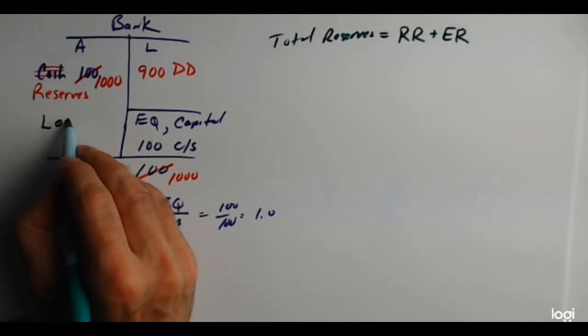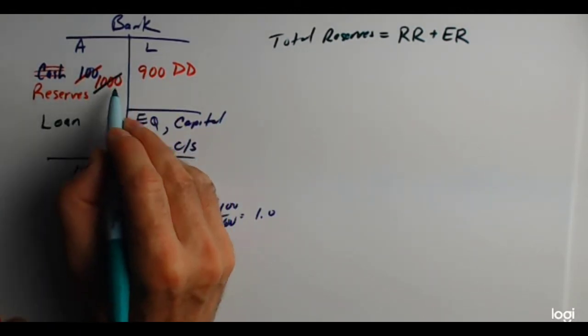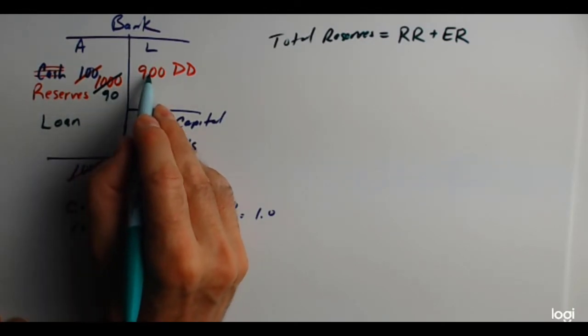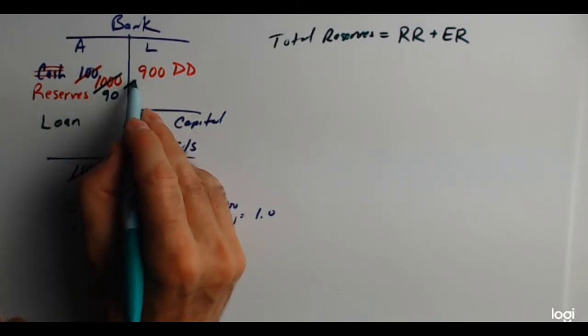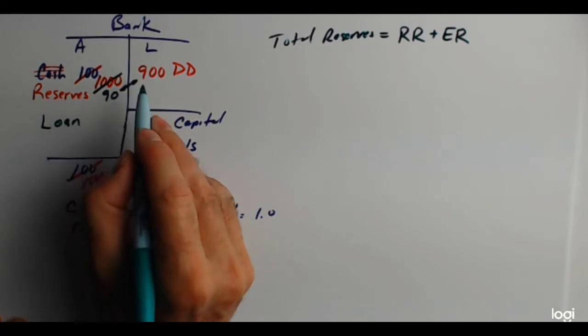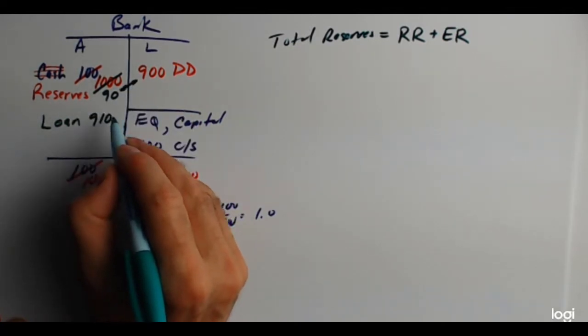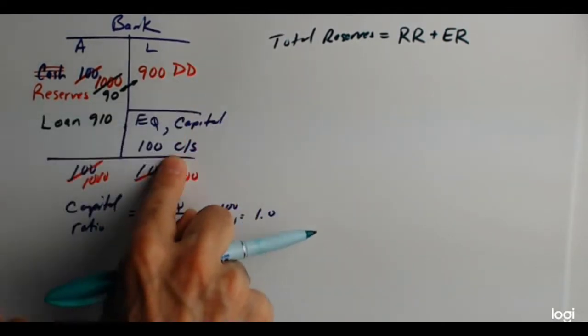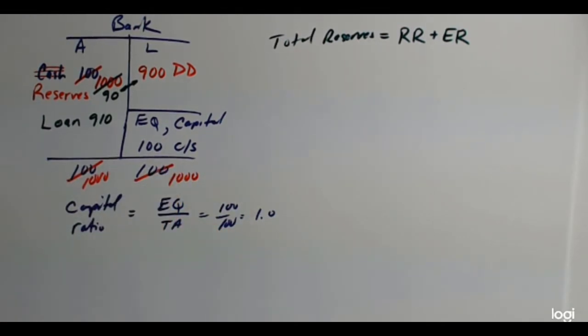So what happens is, this will be $90 because it needs to be 10% of the 900, right? So that matches up. This will have to be 910 to keep this at $1,000 on each side. So there we have loans of 910. Well, obviously a bank needs to make money, and that's where it makes its money, through loans.